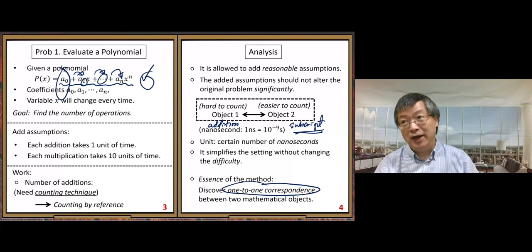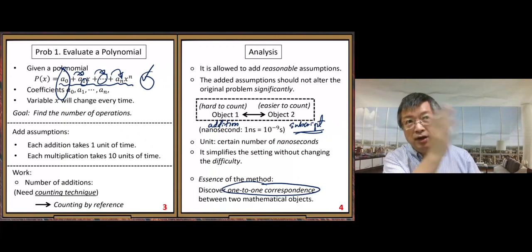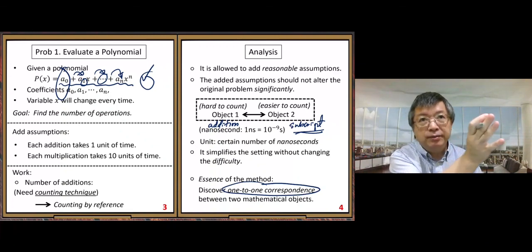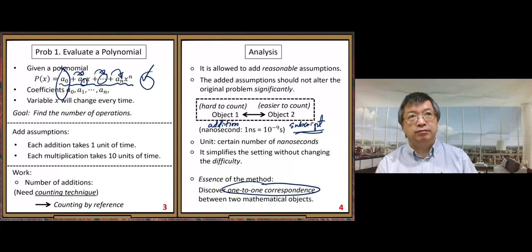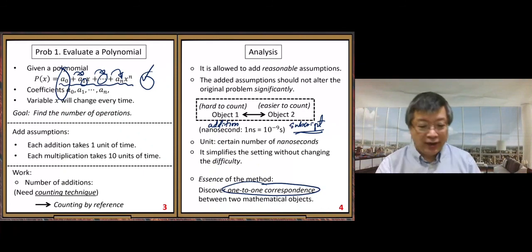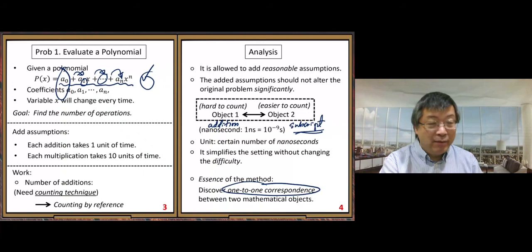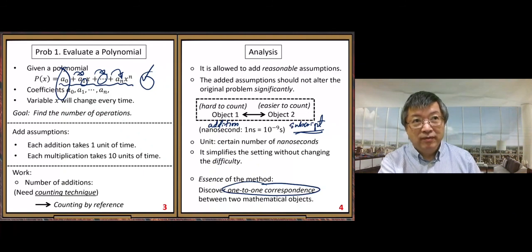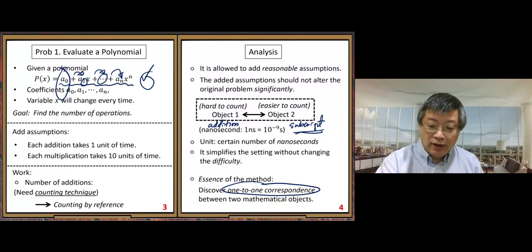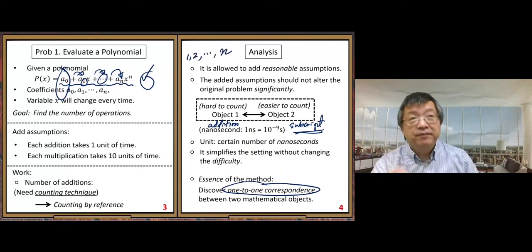So when we do the counting, we exclude the A sub 0 term. Then the number of subscripts in one-to-one correspondence with plus signs goes from 1 through dot, dot, dot, n.